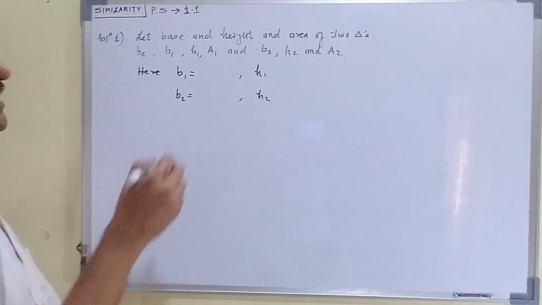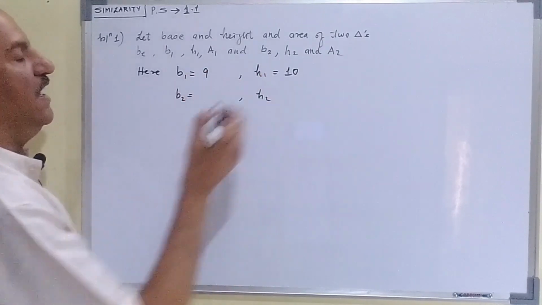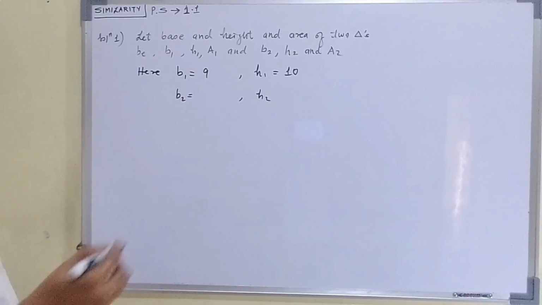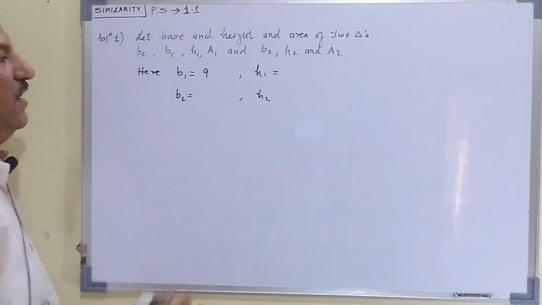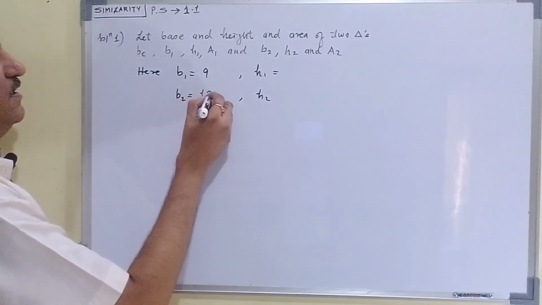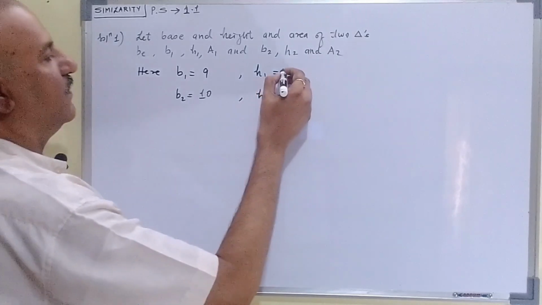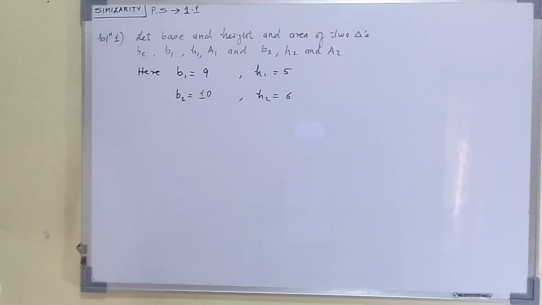B1 is 9, B2 is 10, H1 is 5 and H2 is 6 units of course.